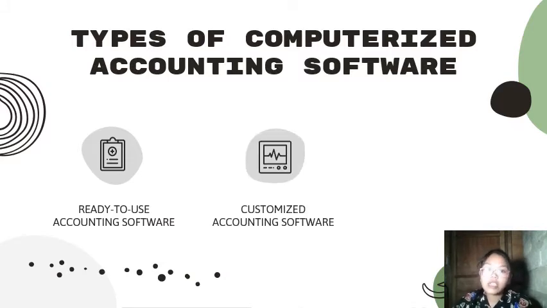Customized accounting software. The accounting software is designed to meet your company's specific accounting requirements. Accounting software that can be customized is appropriate for medium and big enterprises with multiple divisions like hospitals because it entails additions and modifications to the fundamental accounting software.